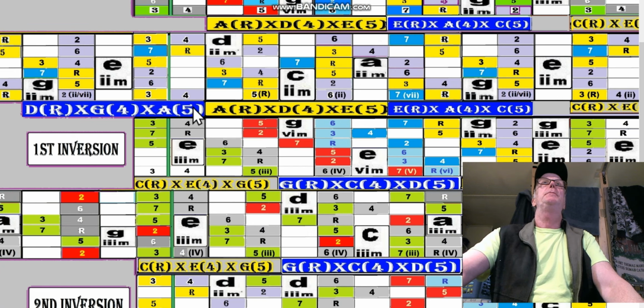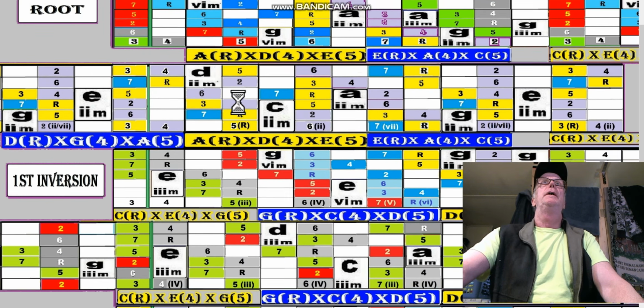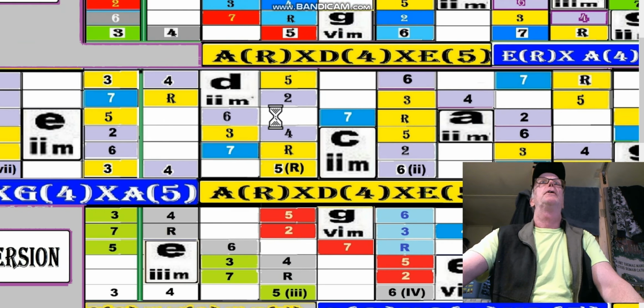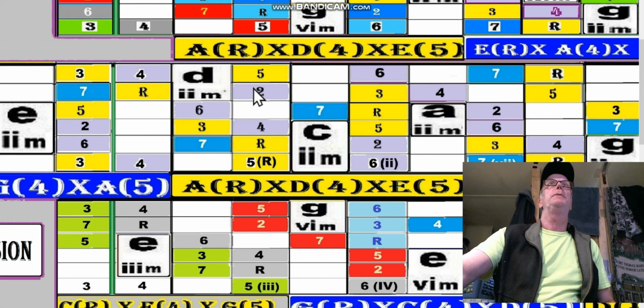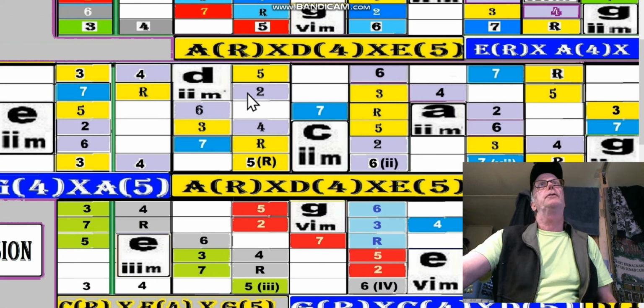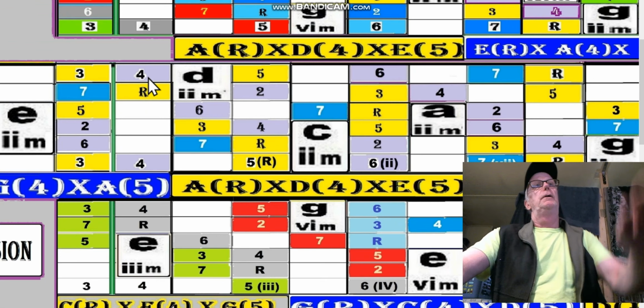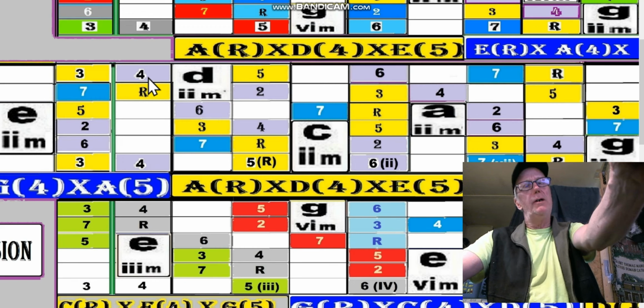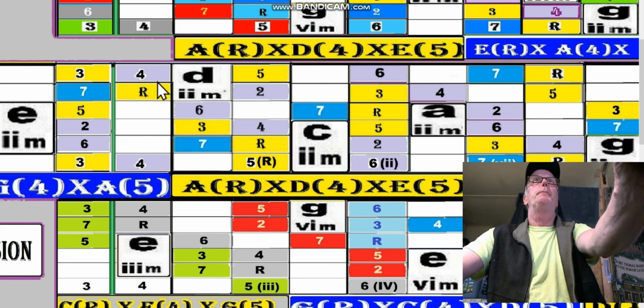D minor, as you know, is the Dorian. Here's our true blue D minor right here. 6, 2, 4. 6, 2, 4. Alright, but that is not the inversion we're looking for.